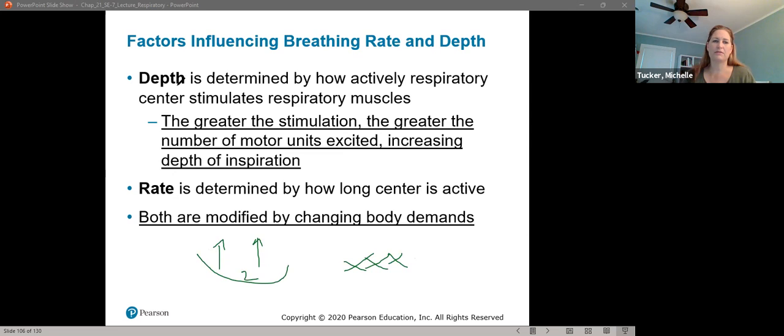In order to increase the depth, the number of action potentials sent during that 2-second inspiratory phase would be greater.